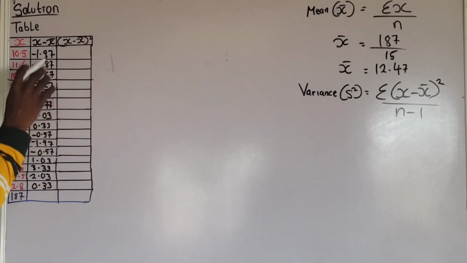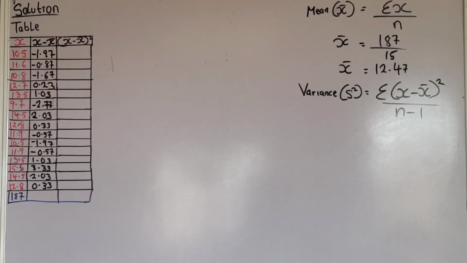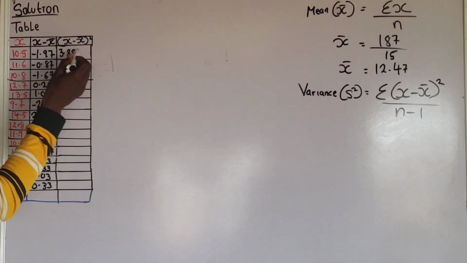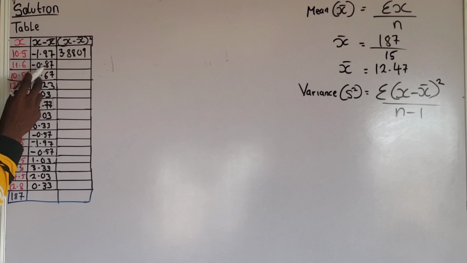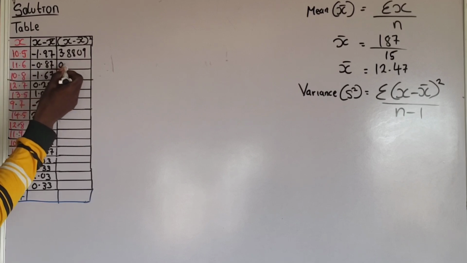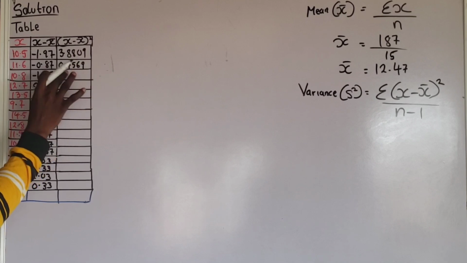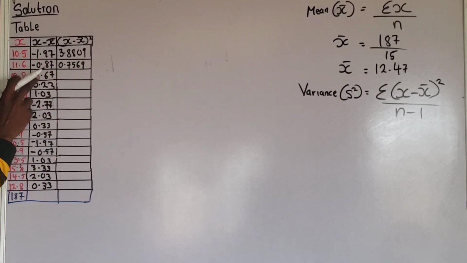Now for these cells, I'm going to have negative 1.97 squared. That will be 3.8809. For this, I'm going to square negative 0.87. That will be 0.7569. For these cells, I'm going to square negative 1.67.